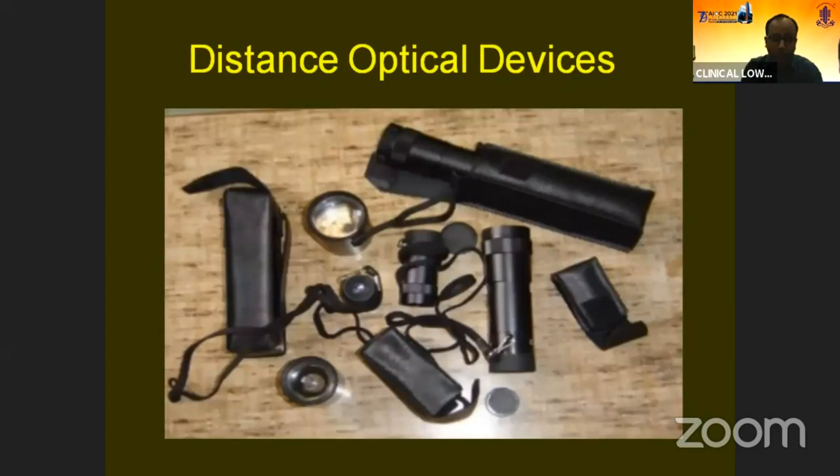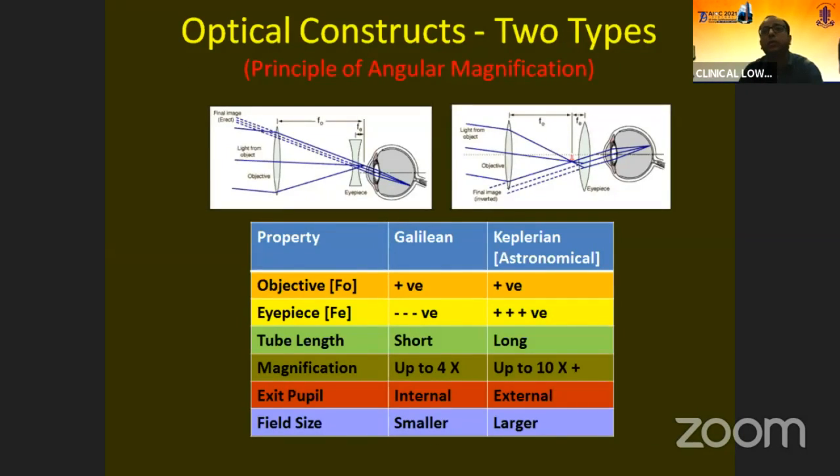Distance optical devices mainly consist of telescopes. These work on the principle of angular magnification. Based on their designs, they are of two types. Out of them, the Galilean type is preferred the most as it is shorter and portable, despite having lower magnification and a smaller field of view. But whenever we need more magnification and a larger field of view, we prefer the Keplerian one.